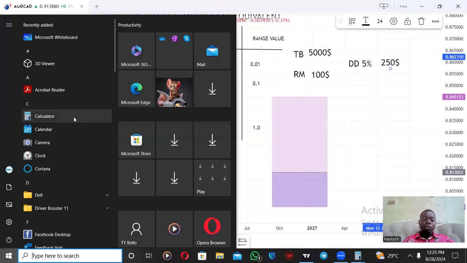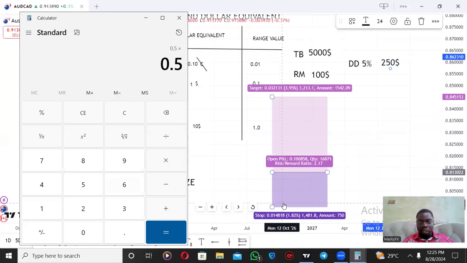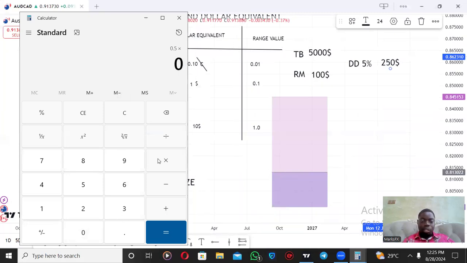If you use 0.05 on this trade, which is 50 cents, I've talked about that before, so this is 0.50. Let's assume this is your trade and your stop loss is 14. If you multiply this by 14 and price goes against you, you will lose this amount.